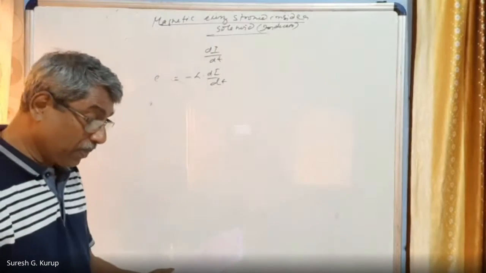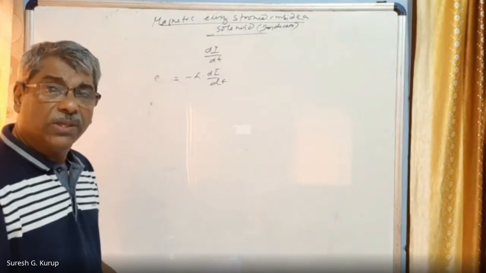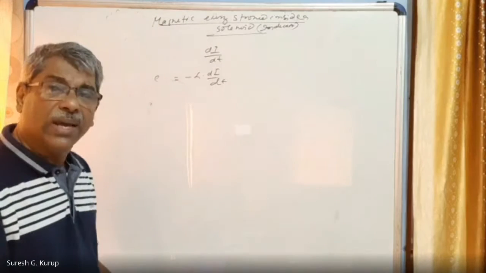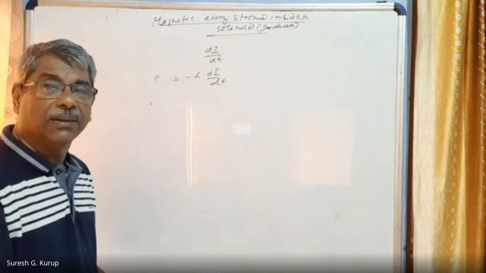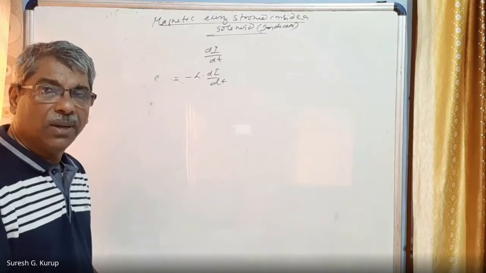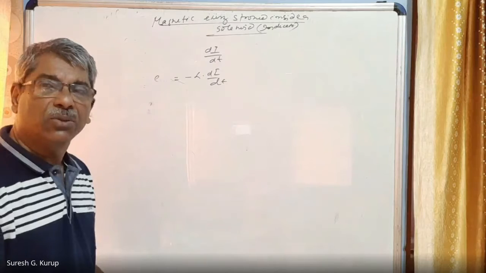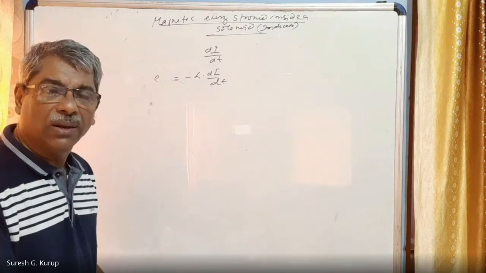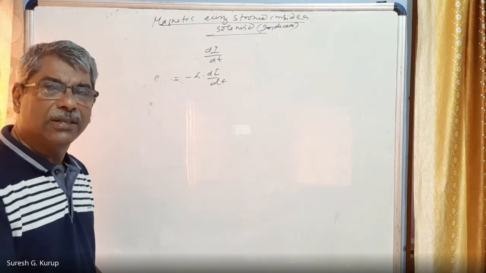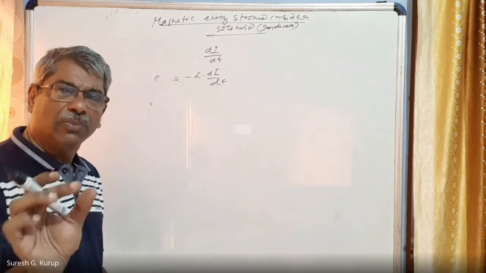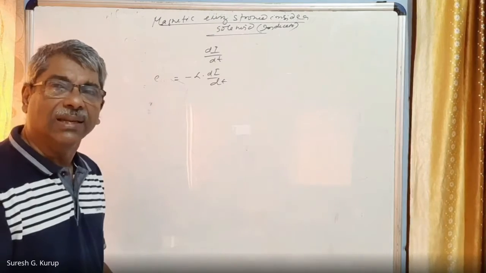Am I correct? Okay. If the source sends a current I for a small time dt, with the help of the source only the current is actually flowing through the coil. So at any instant, the source is sending a current of I ampere in a small duration of time dt.